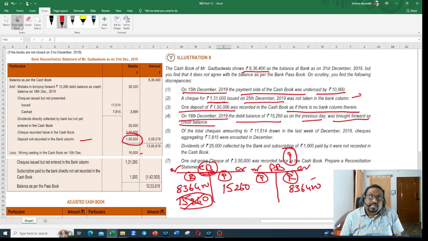So what is the impact of it? The impact will be double. Why? On what basis are you saying the impact is double? See, if you want to rectify this, what are you supposed to do?